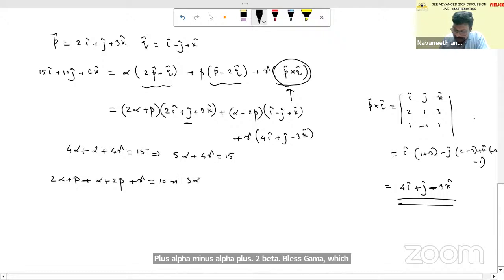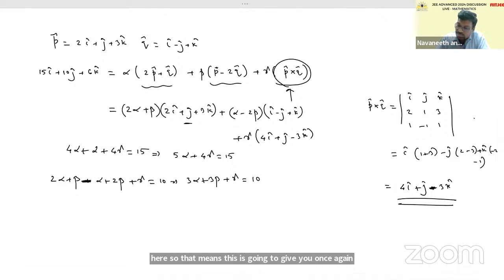Here it is minus alpha, so this gives only alpha. So alpha plus 3 beta plus gamma gives you 10.